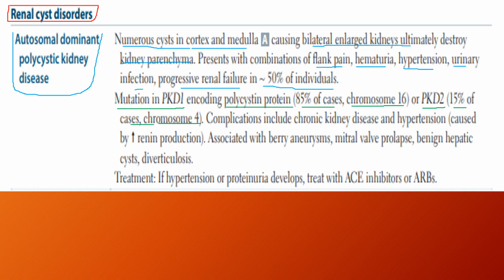Complications include chronic kidney disease, hypertension caused by increased renin production, associated with berry aneurysms, mitral valve prolapse, benign hepatic cyst, and diverticulosis. Treatment: if hypertension and proteinuria develop, treat with ACE inhibitors and ARBs.